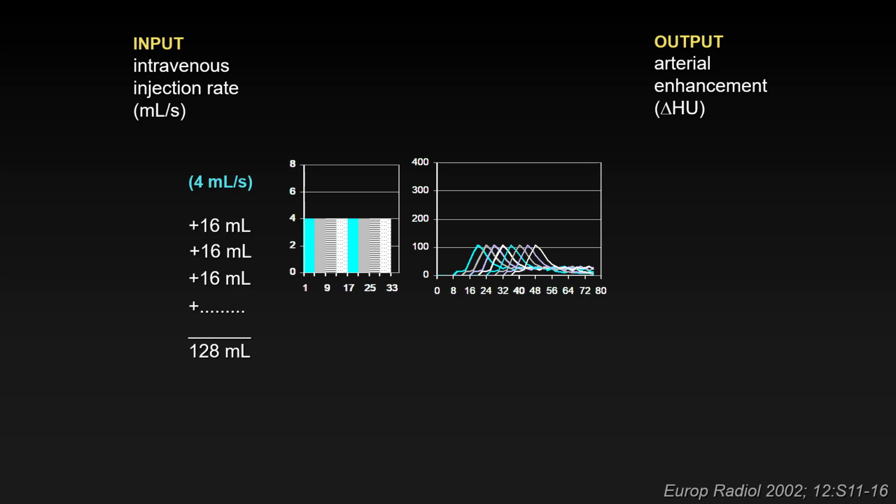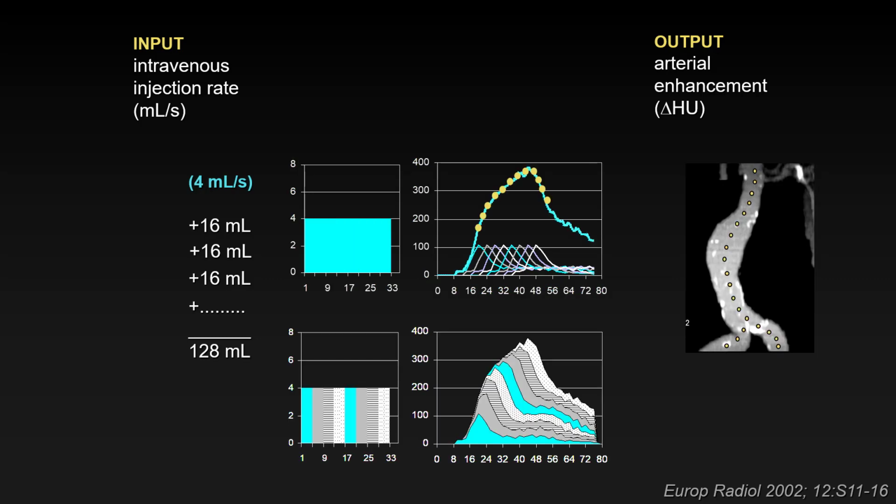What's going to happen overall in your arterial system is easy to imagine, because you just have to add all these time attenuation responses on top of each other, and then you'll get a typical arterial enhancement curve as we have always seen it with a CT angio. You have an initial fast increase, and then you still have a continuous increase over time as long as you inject, before the contrast drops down.